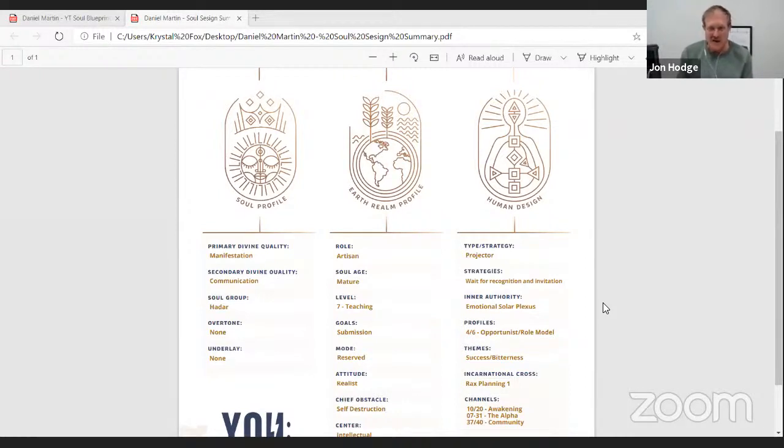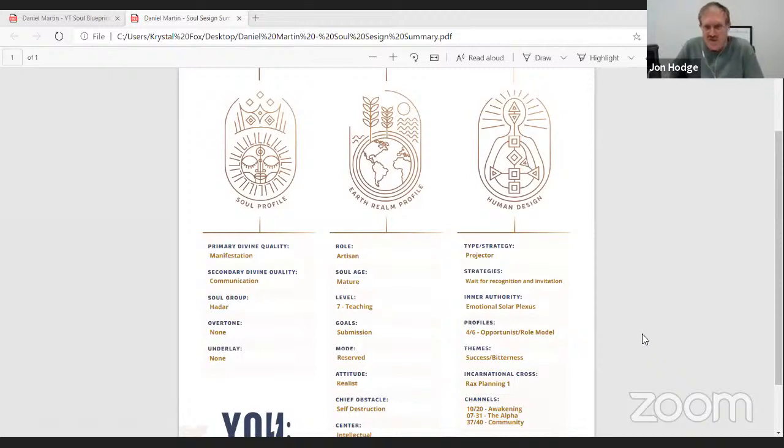Consciousness is rising enough in humanity that these things are starting to come together now. We've brought these three technologies together into one package to get the broad picture of your soul, of what your soul's doing in the earth realm, and the best way to engage your energies through your soul design. That is really what this is about.